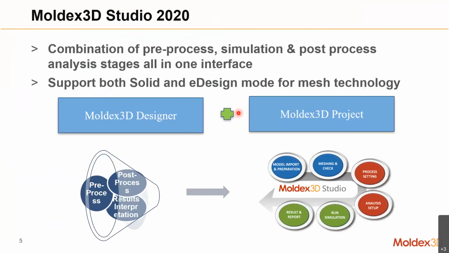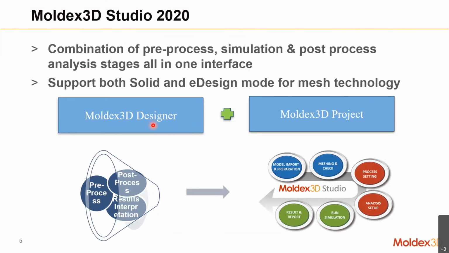So, Moldex 3D Studio 2020. Let's go back a few years and see how Moldex 3D was previously. If the user wanted to do the pre-process, he had to go with Moldex 3D Designer, in which he can create the mesh and do the meshing for e-design and solid mesh, which recently we call a BLM.